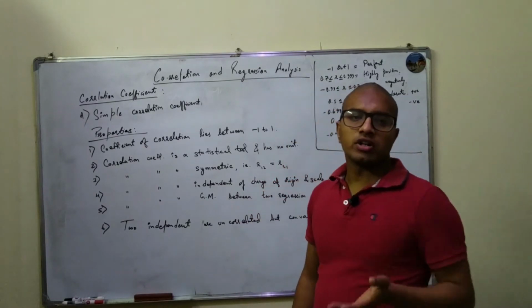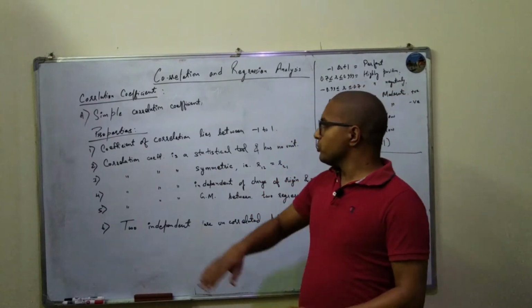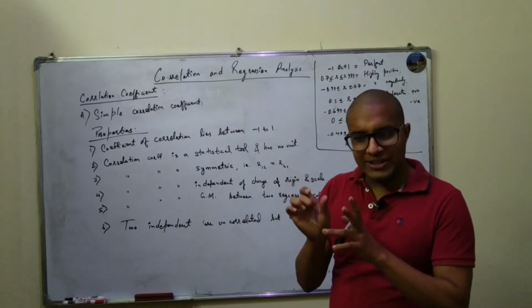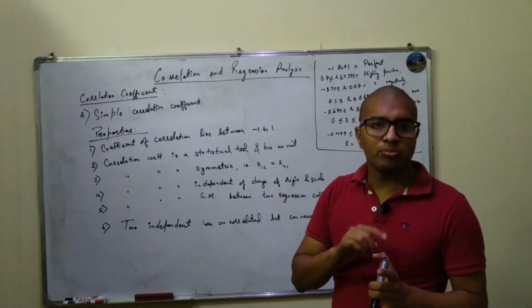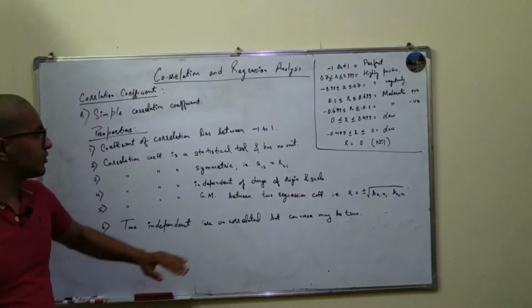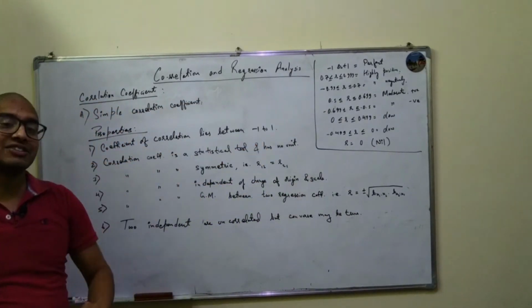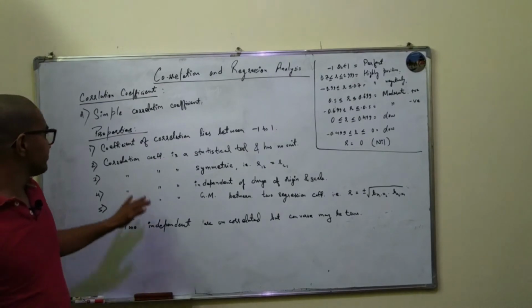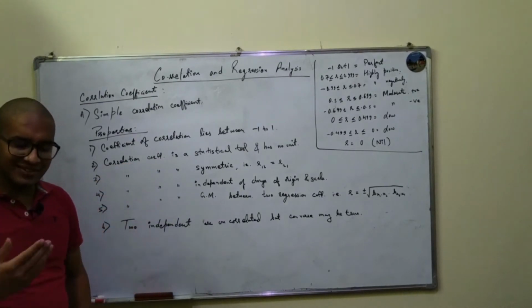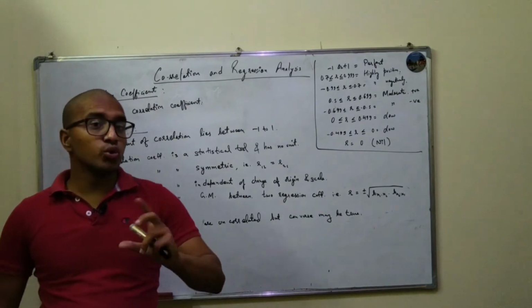When we are talking about the properties, the correlation value always lies between -1 and +1, as you can see on the board. Second, the correlation coefficient is a statistical tool and it has no unit.